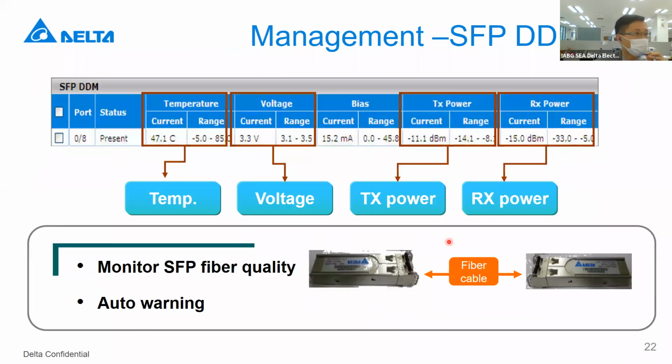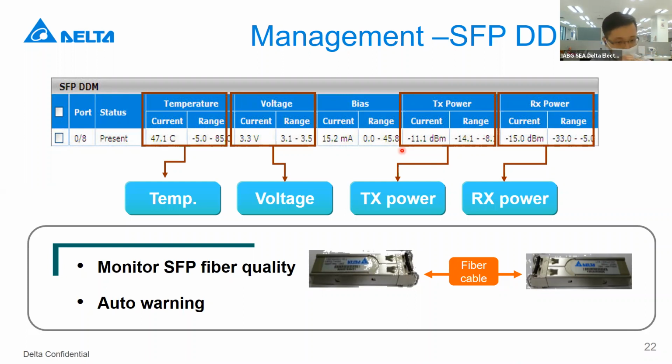And for the managed type with the SFP module, we do have environment monitoring, and also some information about the fibers. So if the connection does not work, maybe there is some damage to the fibers.